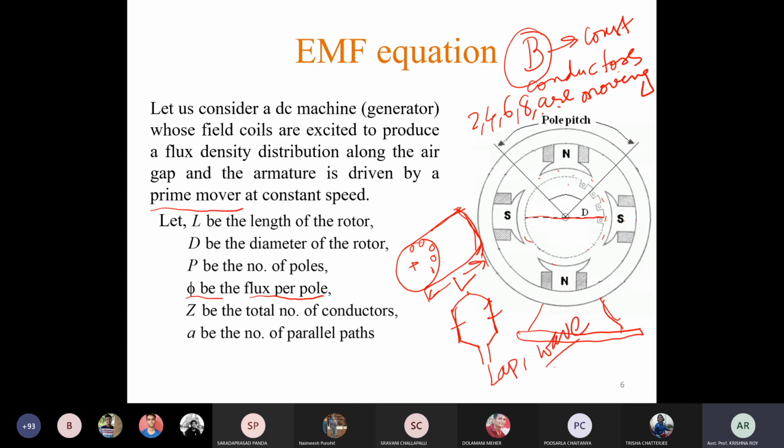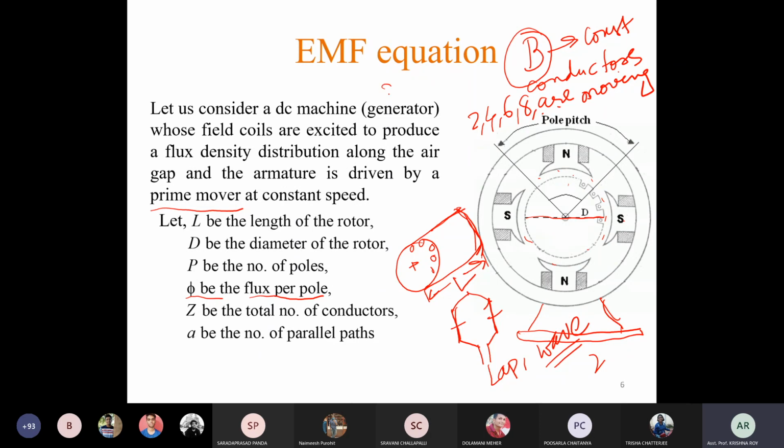In case of wave winding, there will be a fixed number of parallel paths, which is 2. In this case, we get higher voltage across the terminals because more conductors are connected in series, and then we have 2 parallel paths. But in case of lap winding, the number of parallel paths depends on the number of poles. If the machine has a higher number of poles, then the number of parallel paths will be higher.